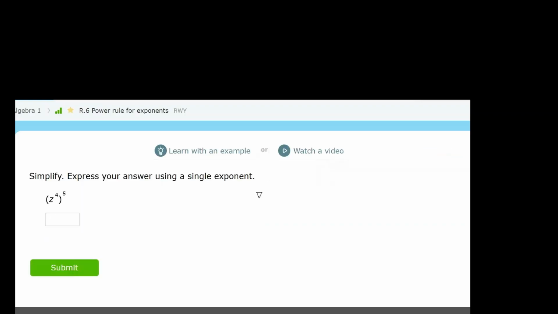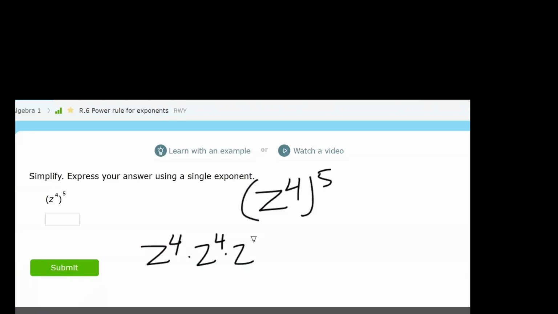Here's another problem. This time we have z to the fourth raised to the fifth power. Again, let's think about what this means. This means z to the fourth times z to the fourth times z to the fourth 5 times. Now, recall our laws of exponents.